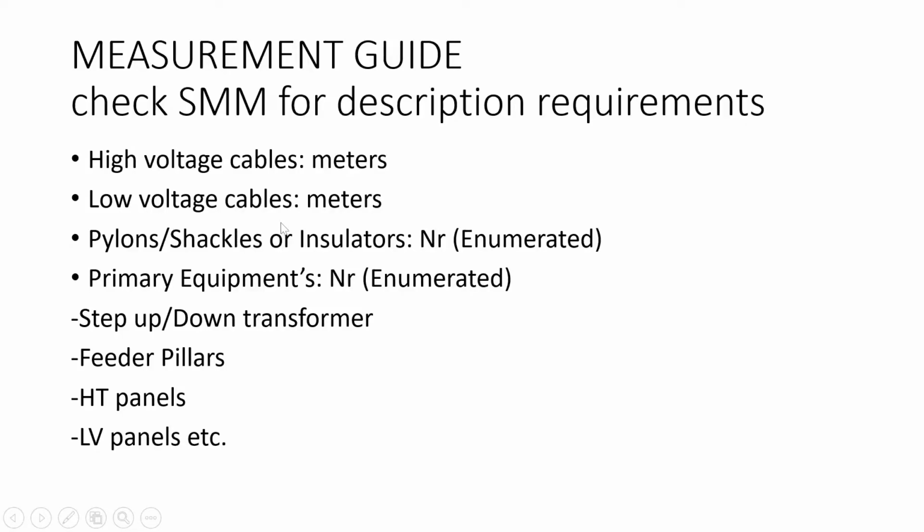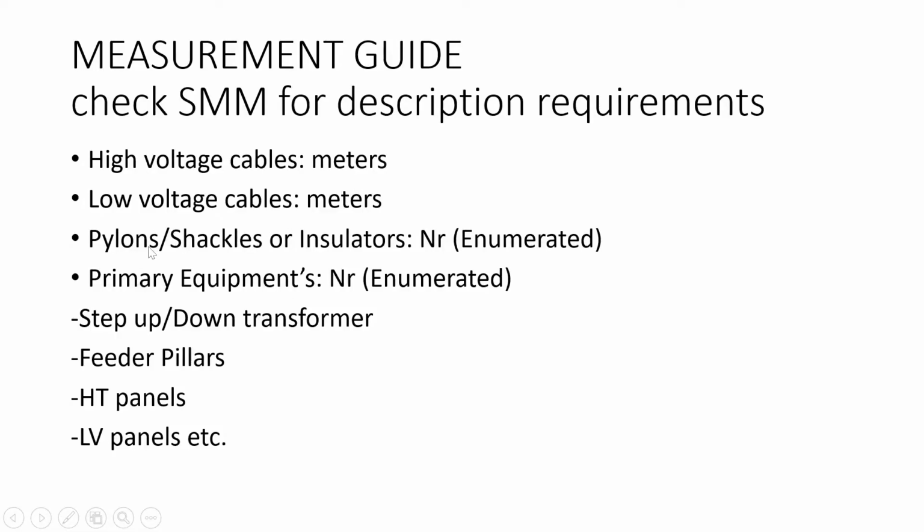And the number of cables are going to be 4 in number, coming out of your step down transformer. So you can see this as ABC. For high voltage cables, get your length of the cable in meters. For low voltage cables, get the length of your cables in meters.